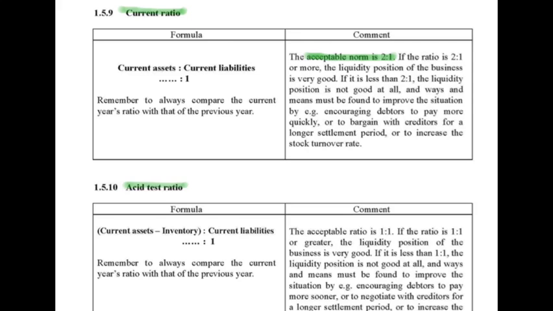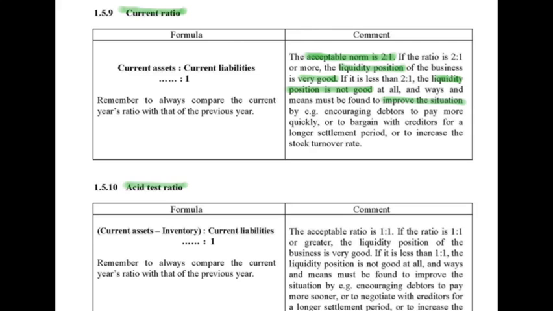If the ratio is more than 2 to 1, we say that the liquidity position of the business is very good. If, however, it is less than 1 to 1, we say that the liquidity position of the business is not good at all, and ways and means must be found to improve the situation. In other words, then I zoom in.